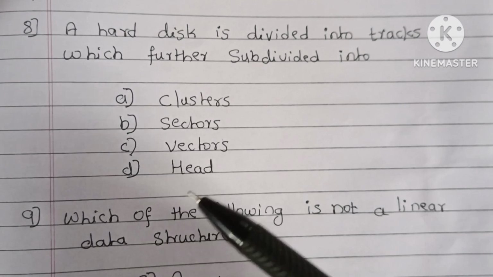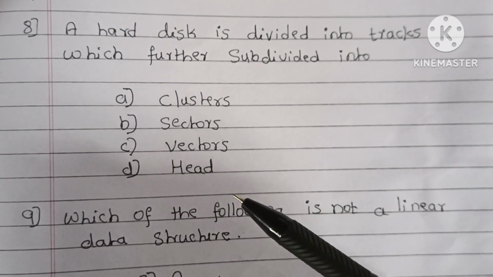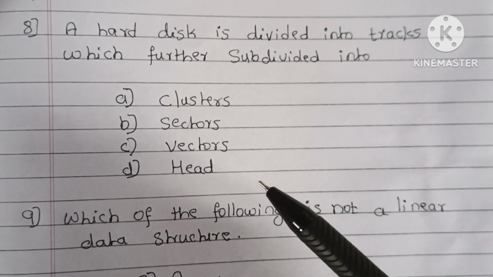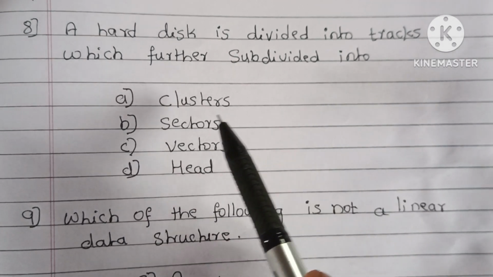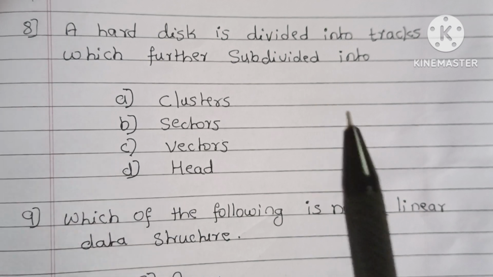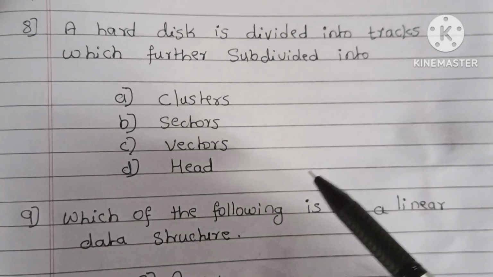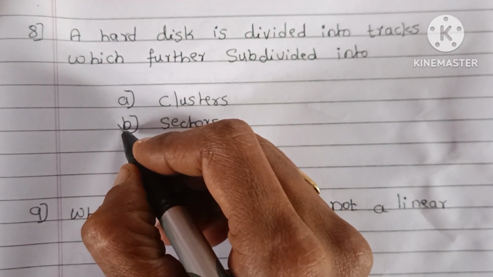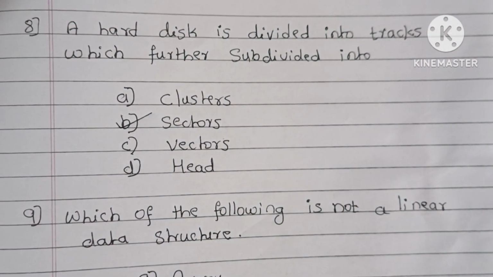It uses rotating platters coated with magnetic material to store and retrieve data. So, a hard disk is divided into tracks and tracks are subdivided into sectors. So, option B is the right answer.